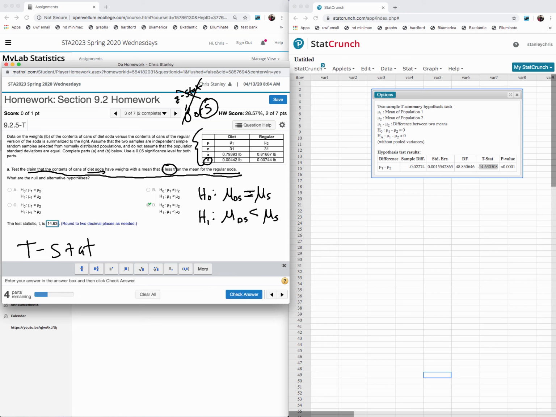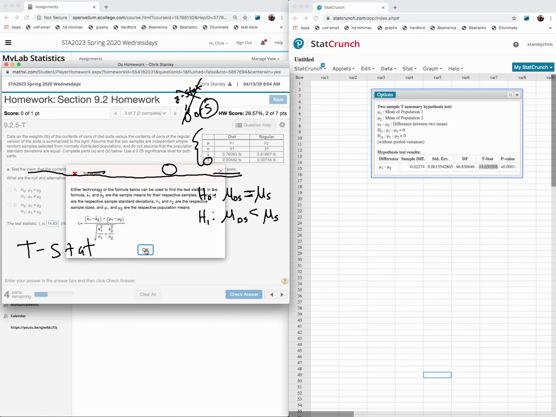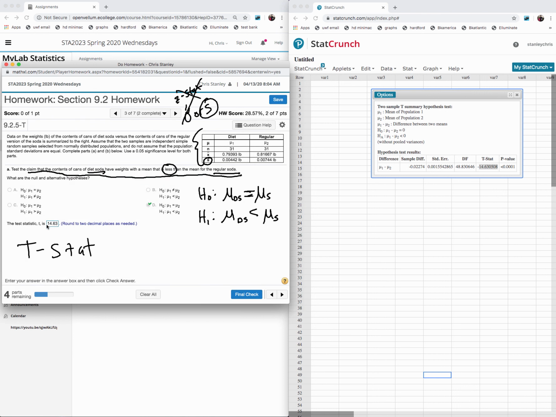Okay, I'm going to round to 2 digits and that should be better. Oh, I forgot the negative on this. Okay, final check. There we go. Okay, the p-value, that's really small. That's 0.